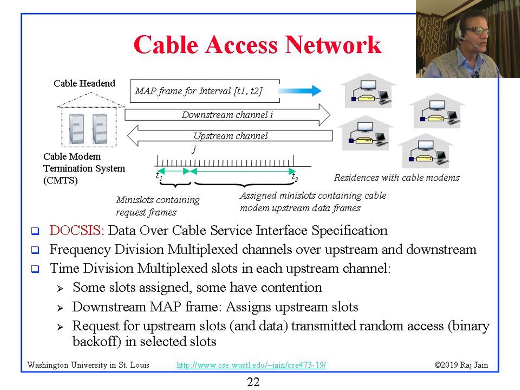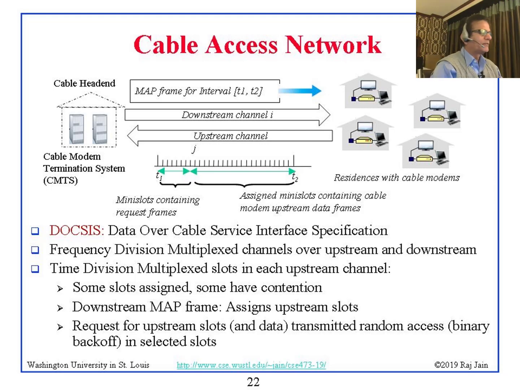On the upstream, instead of using collisions, the slots are assigned. The things on the right are the four homes, and on the left is the cable company's head office, although it may not be a head office, it is some kind of hut somewhere.